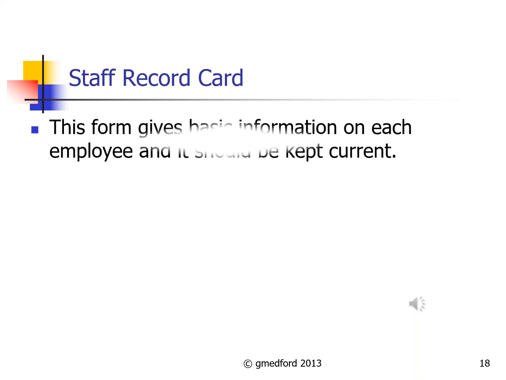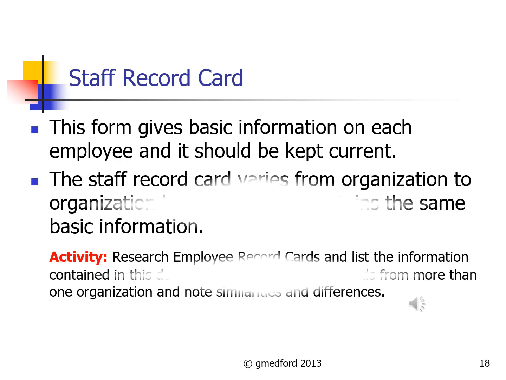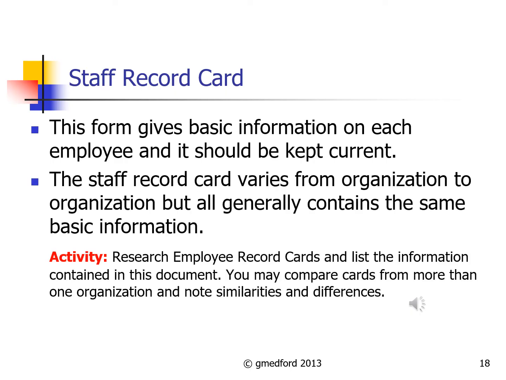The staff record card, one of the documents used in the HR department, is usually completed as part of the induction process. This card gives basic information about the employee, and it is usually updated on a regular basis or as the need arises.